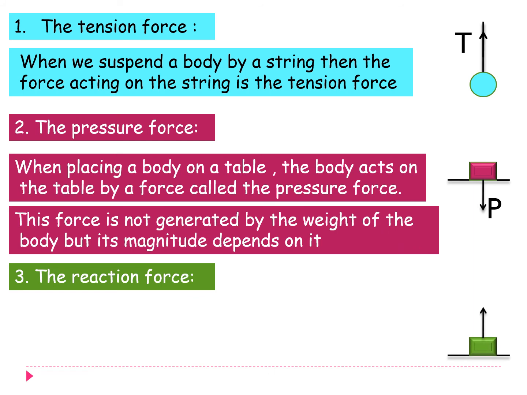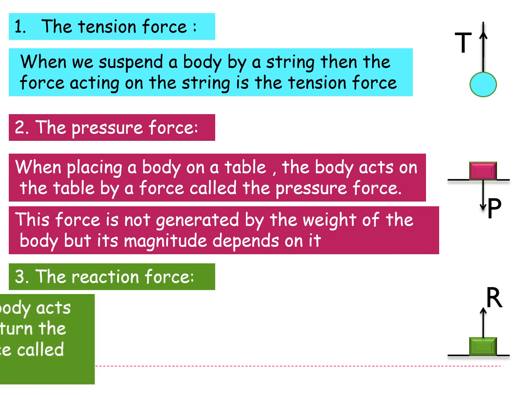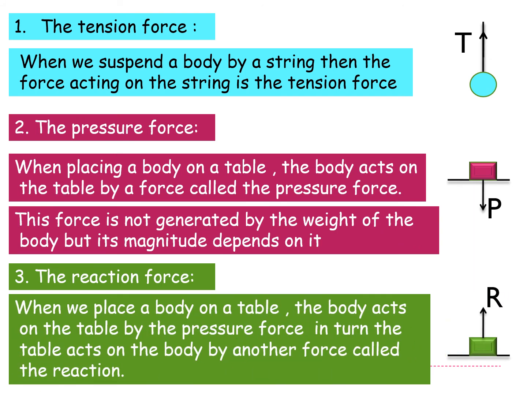Number three, the reaction force. When we place a body on a table, the body acts on the table by the pressure force. In turn, the table acts on the body by another force called the reaction force.